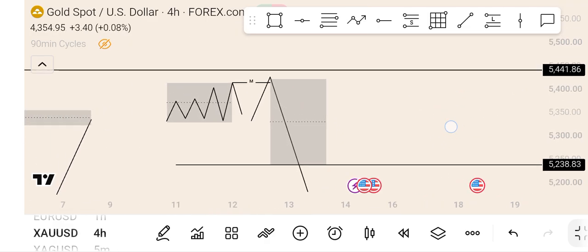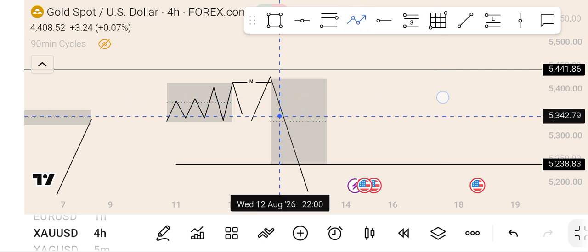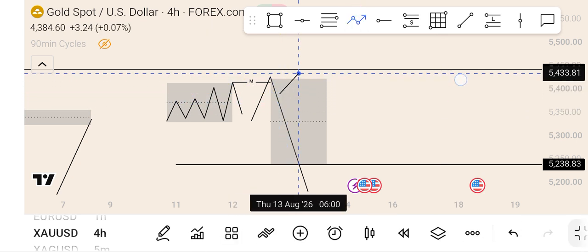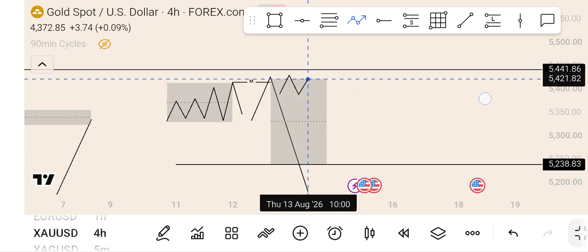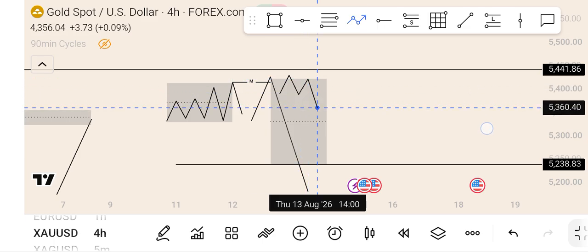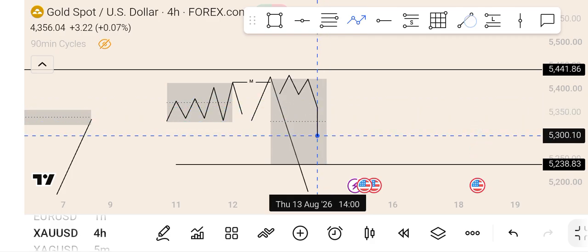So immediately we see this manipulation, we have to go into the micros and find what? An SMT divergence between two sections, two quarters inside the macros.